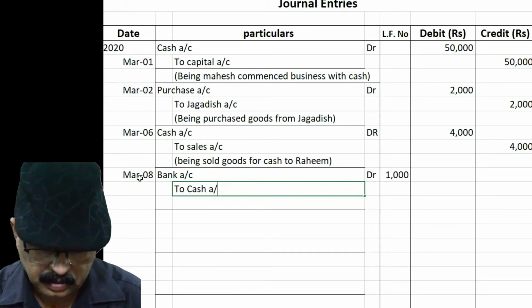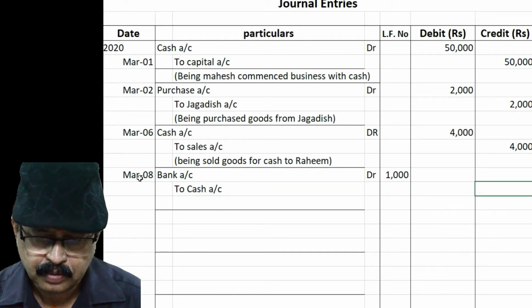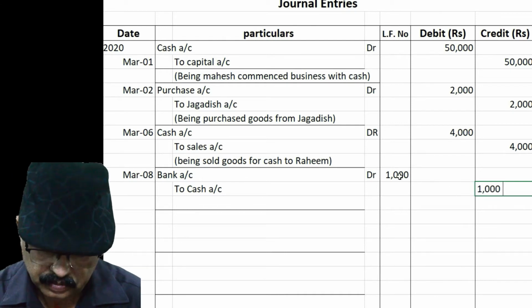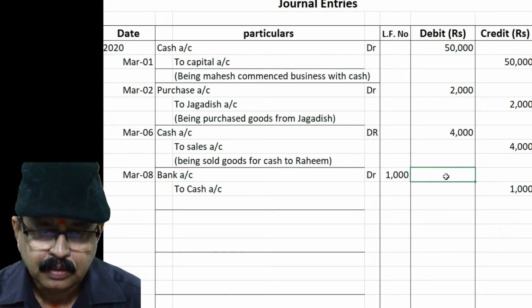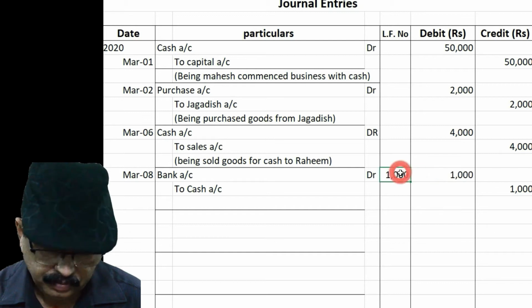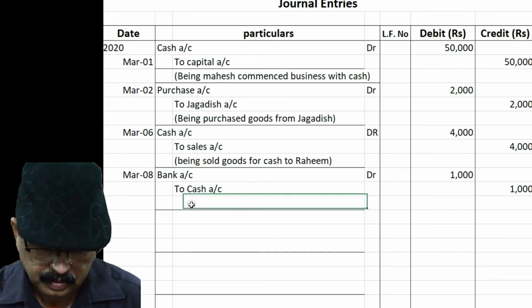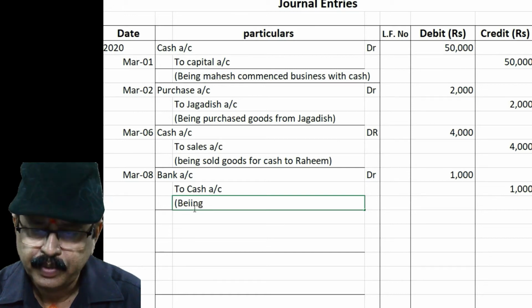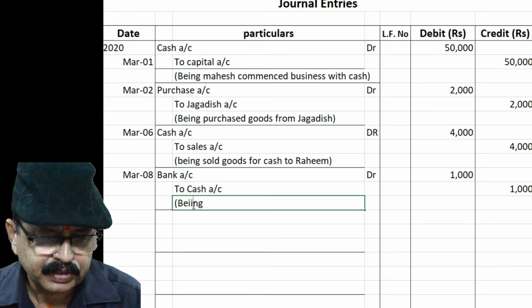Directly here 1,000, not in the LF column. Right. Then narration: being cash deposited in the bank.